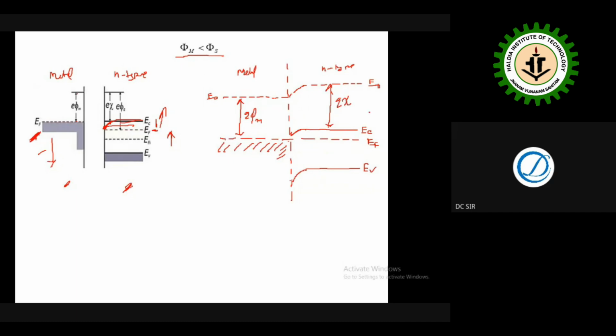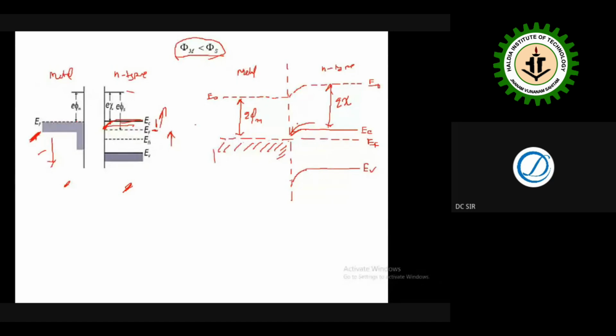So the vacuum level also bends at this point, where this is the q chi. This is the energy band diagram for the metal and semiconductor with the condition phi m less than phi s. So in this case, what happens if we apply a forward bias, that means positive and negative? The bent EC is on the upper side, so for the electrons this is downhill, and electrons easily move from the N side to the P side.